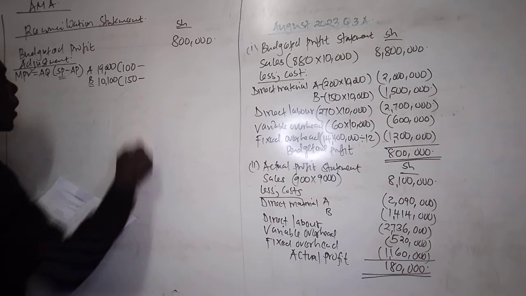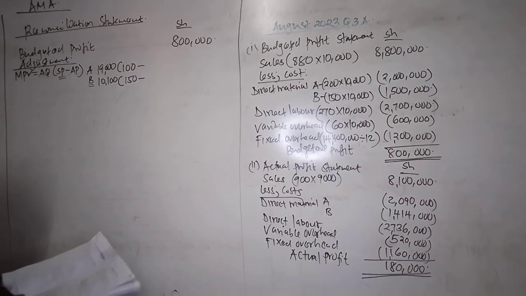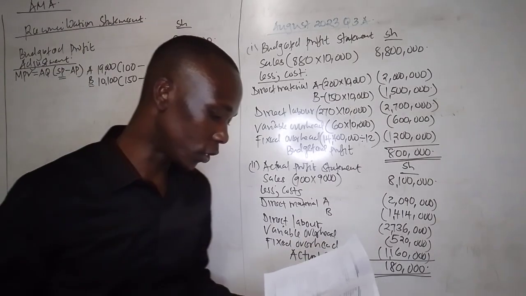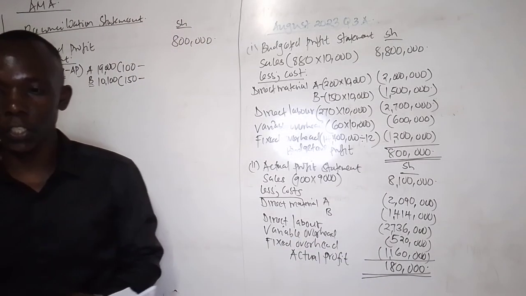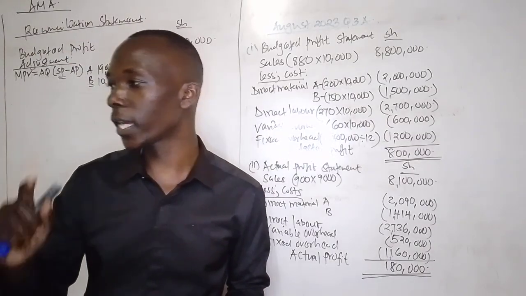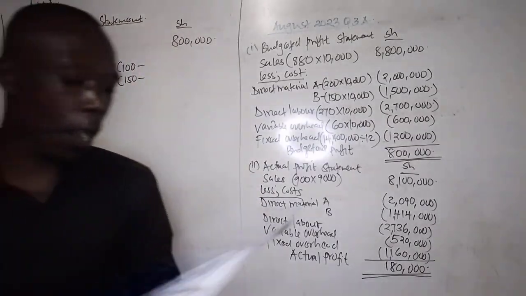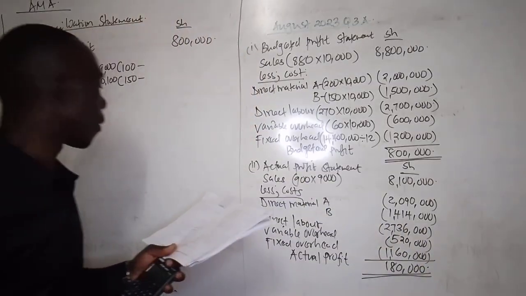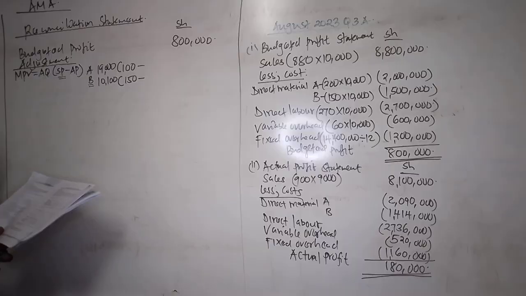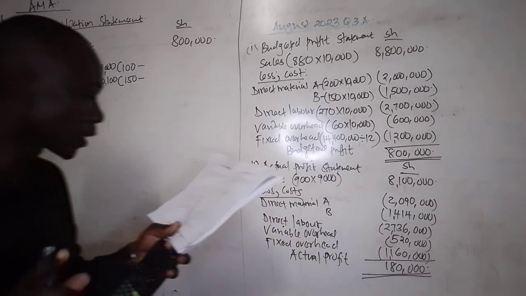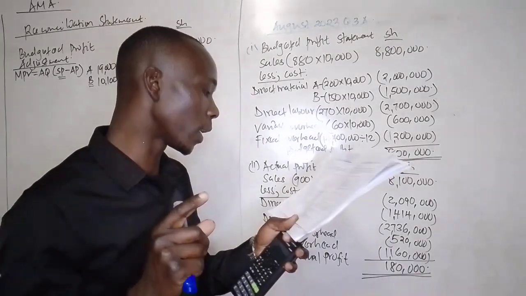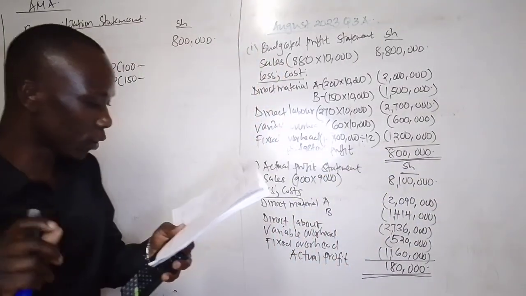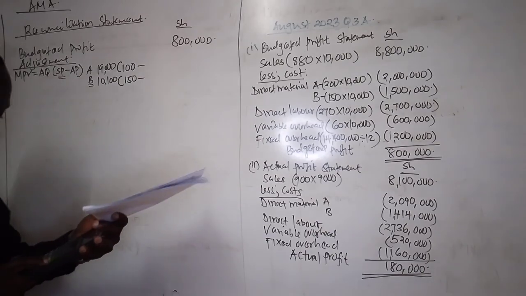Then we raise the actual price. The actual price per kg will be gotten by taking the total amount paid, then you divide by the number of kg. In note number 4, we are told that for product A we consumed 19,000 kgs at a cost of how much?